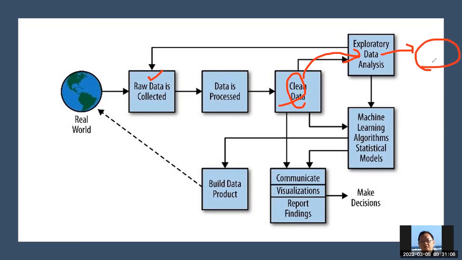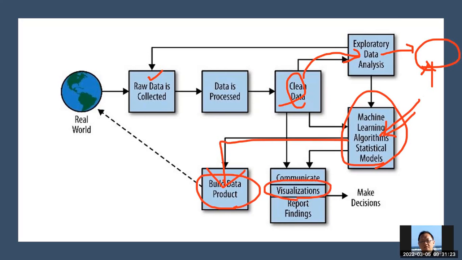You use your past historical data to learn some model, and then it becomes machine learning. Based on your data analysis and machine learning, you can build your data product, show it to people, provide reports, and make decisions.